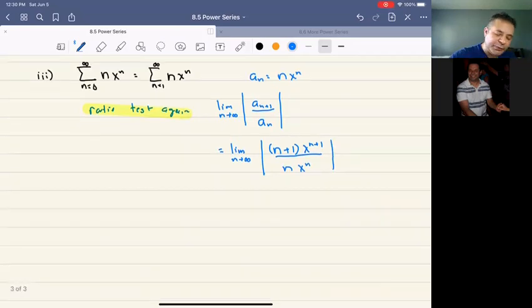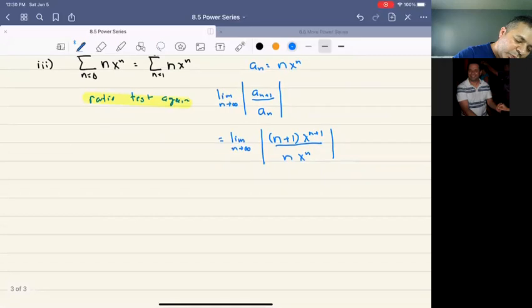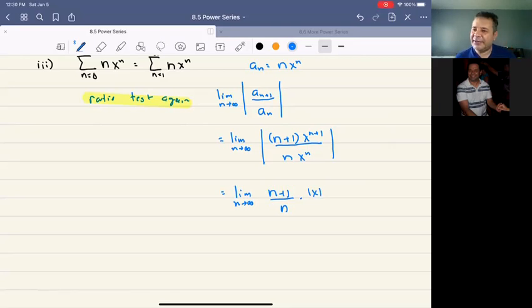So that equals the limit as n goes to infinity; we're just going to get n plus 1 over n, times the absolute value of x. Well, that's just going to be the absolute value of x, because as n goes to infinity, n plus 1 over n goes to 1. So when does this converge? This converges if the absolute value of x is less than 1.